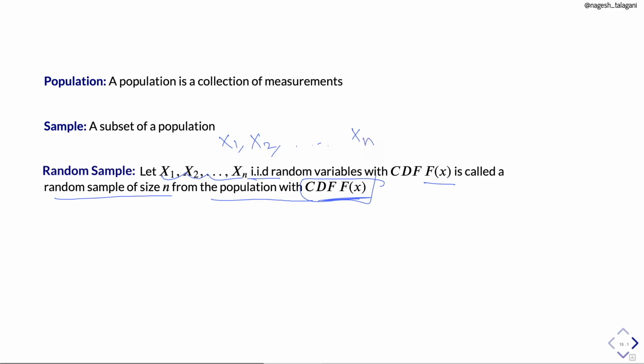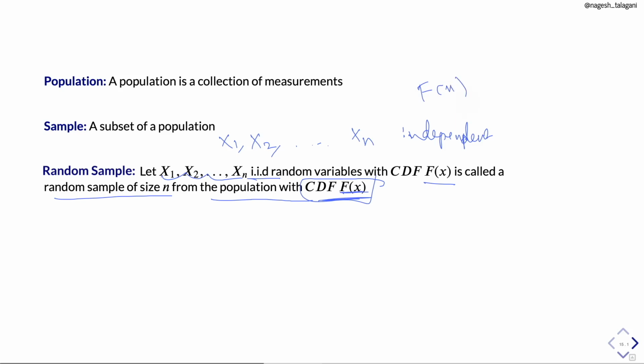If you really select these n height observations at random, then these X1, X2, Xn are going to be independent random variables. Since all observations come from the population having the CDF of capital Fx, all Xi's have the same CDF of capital Fx.